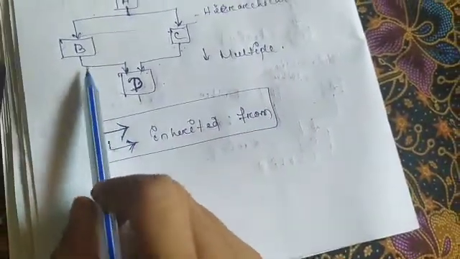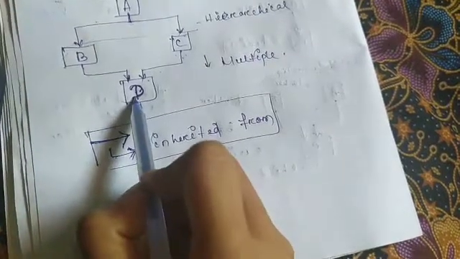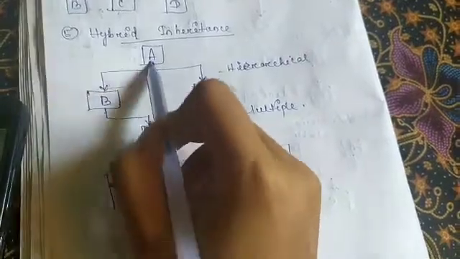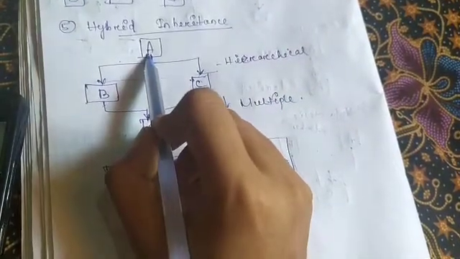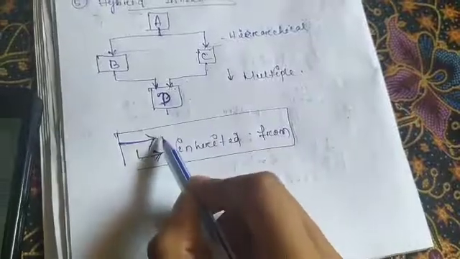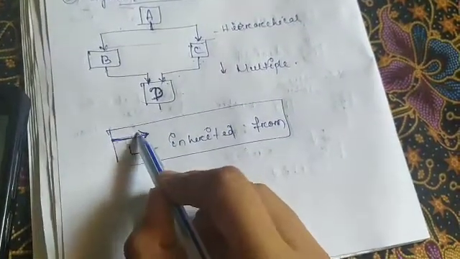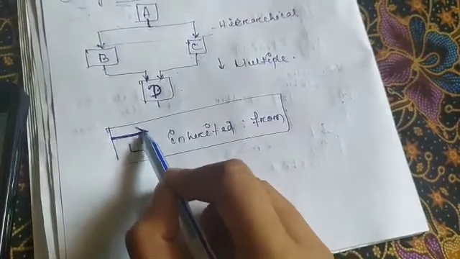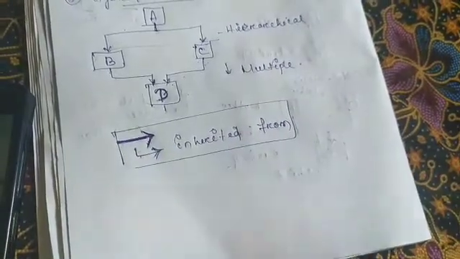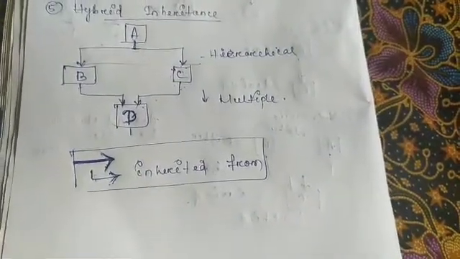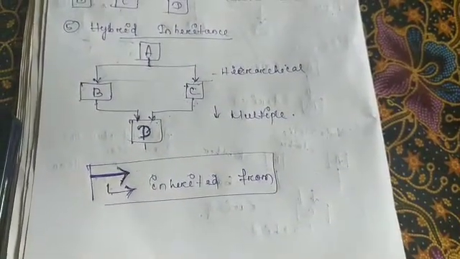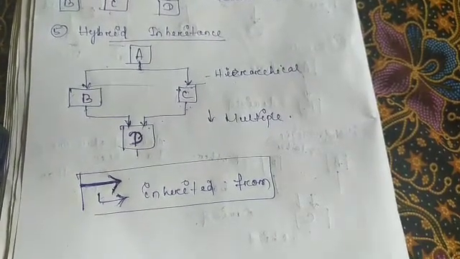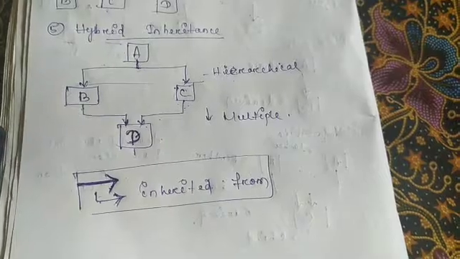Like this: D is inherited from B, D is inherited from C, B is inherited from A, and C is inherited from A. You have to understand according to the direction of the arrow. So this is all about inheritance and the types of inheritance. You have to read it thoroughly, then you can ask me questions. Thank you.